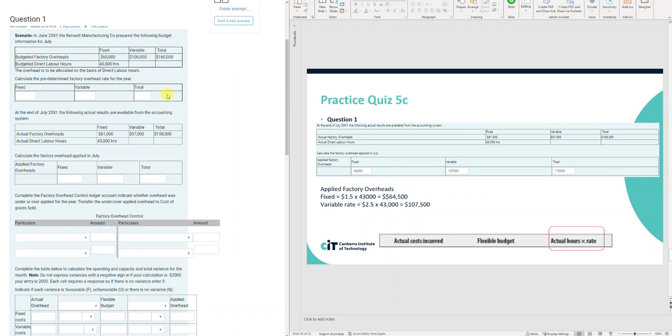The total is $4 times the actual hours, which is 43,000 hours, and that would be $1.5 times 43,000. It will be $64,500 for fixed rate. Similarly calculated, $107,500 for variable, and the total will be the summation of the two.